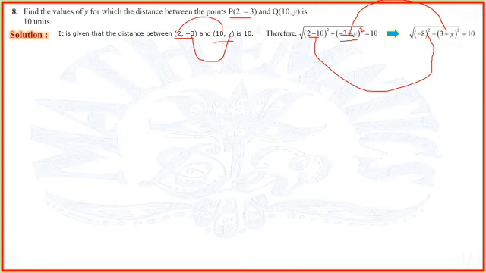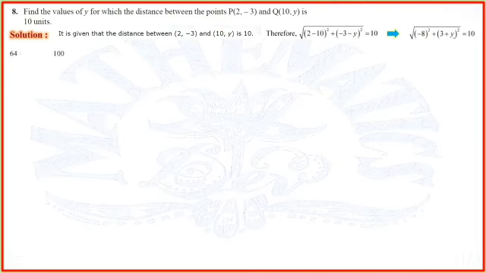So the square of minus is plus, and (3 + y)² is equal to 10. Now squaring both sides, the square of 10 is 100 and the square root is gone. So the left hand side is 8² = 64 plus (y + 3)².